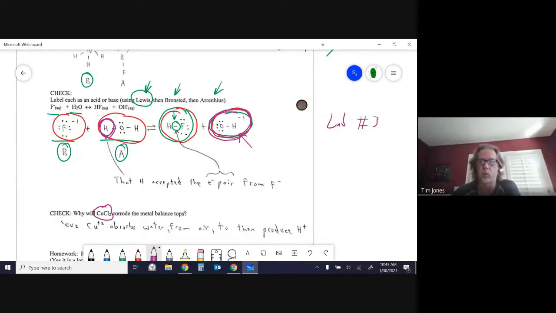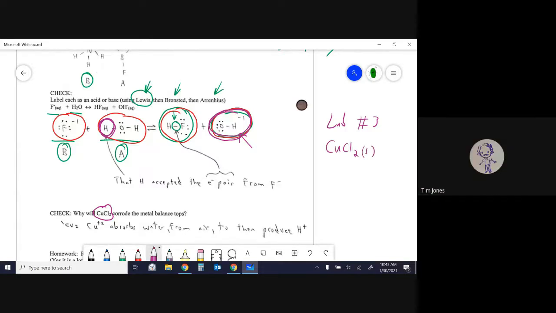And in the lab, one of the chemicals you have to weigh out is copper 2 chloride, solid. It's kind of an aquamarine, powdery or grainy solid. And of course, as you're doing the lab, you're not worried about the balances and you're just trying to figure out what's going on with the lab and so forth.